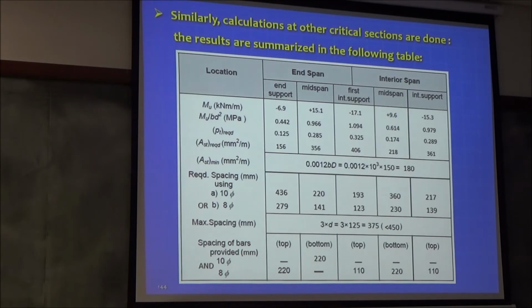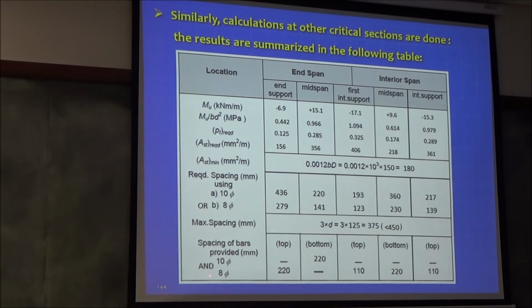Now here's what you have to do in practice. In practice, you can't give any arbitrary spacing that you like. You would like to match the spacings between one span and the next span. Then you can play around with 8 mm bars and 10 mm bars. That's what you should do. So you've got both options here, and you should again see the code restriction on maximum spacing.